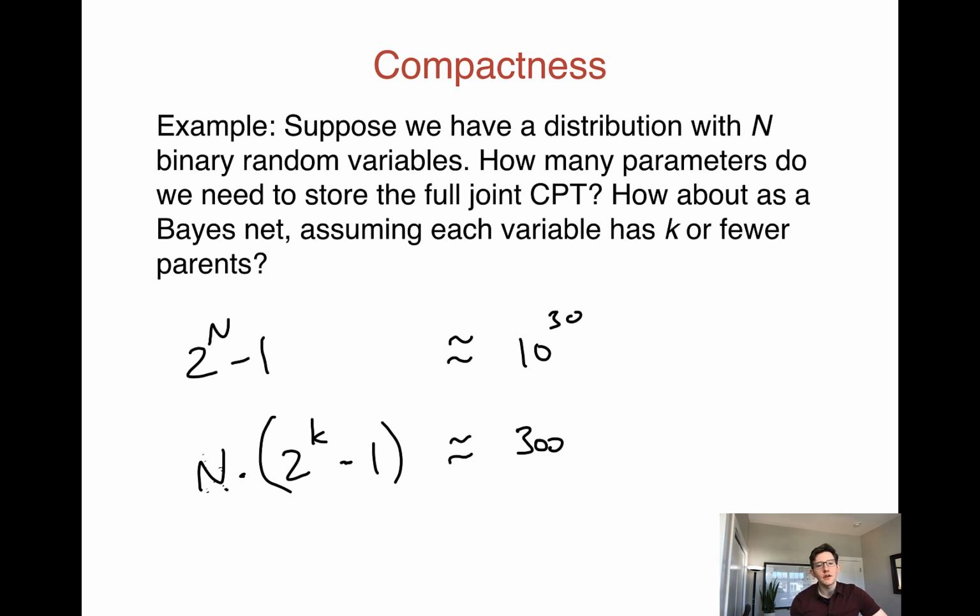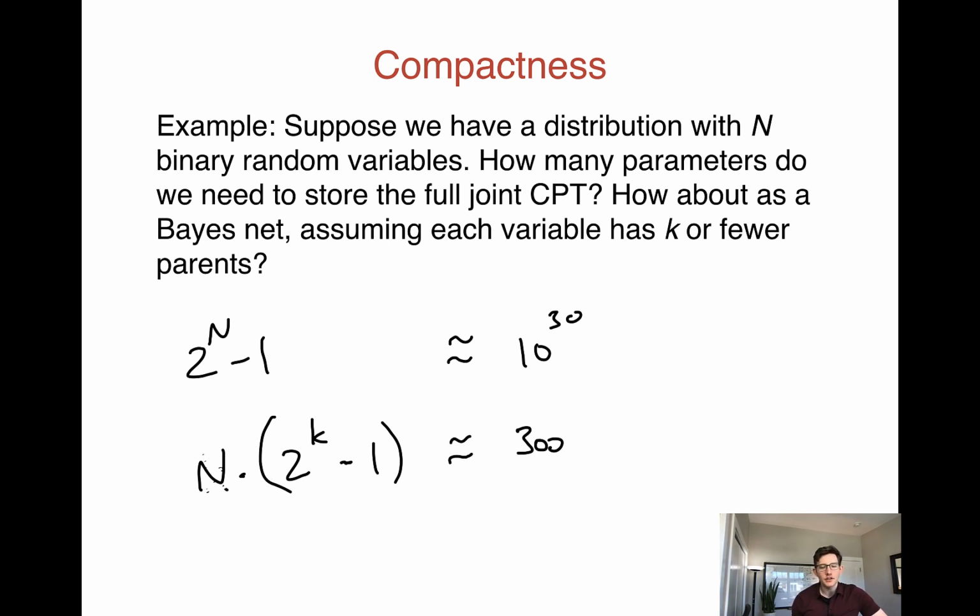Even once we get to 100 variables, trying to write down a full conditional distribution is no good, even just from a memory perspective. It's much more efficient to write down the Bayesian network. So this has a bunch of consequences. The simplest one is just a memory issue. We wouldn't be able to store that giant distribution even if we wanted to.